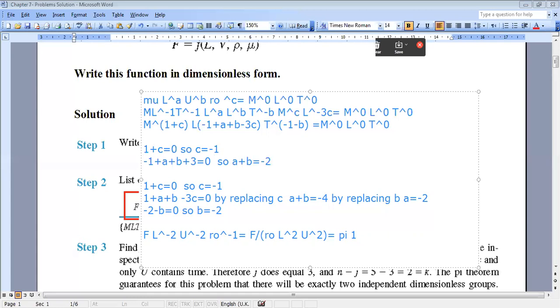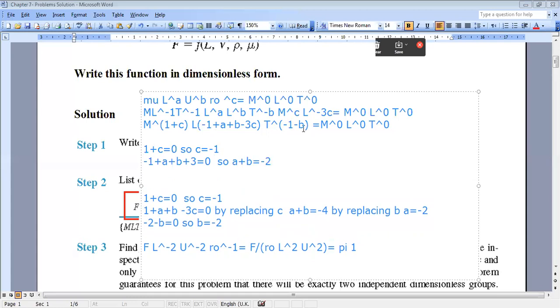And my third equation will be for T. So for T, it's minus 1 minus B, which should be equal, from the other side, to 0. So B is equal to minus 1. And if I replace B here, I get that A is equal to minus 1 also.